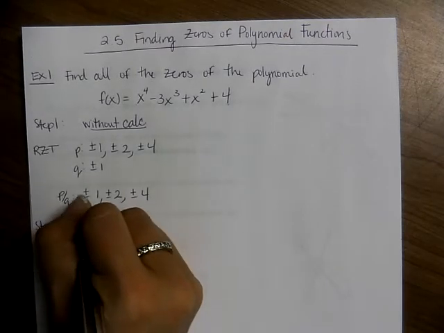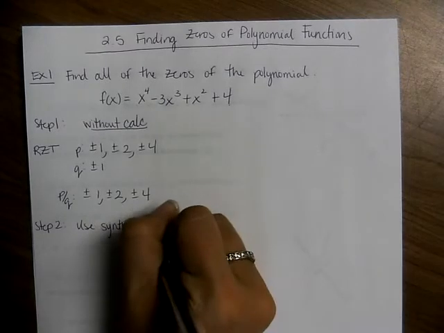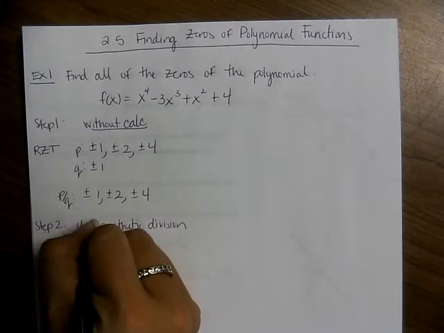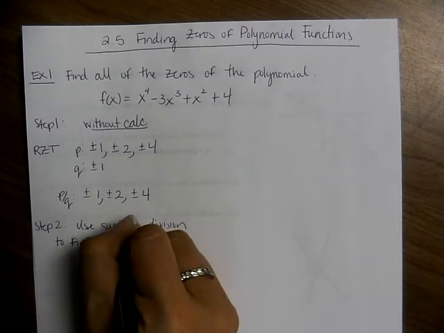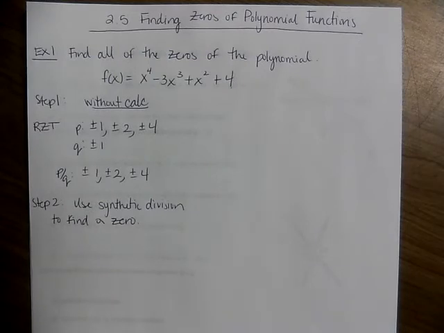You'd have to use synthetic division to find a zero. And I think everybody knows how to do that, right? You start using synthetic division. When you get the remainder of 0, you know it works.